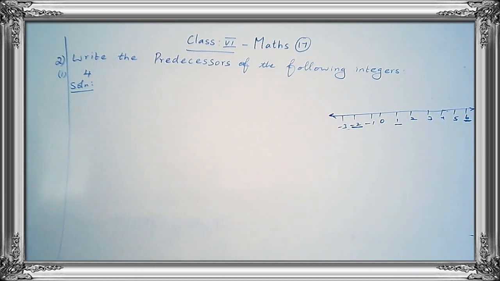Now you say predecessor. Predecessor of an integer lies to its immediate left on the number line. Successor of an integer lies to its immediate right on the number line. But the predecessor of an integer lies to its immediate left on the number line. Here 4. So which number is on the left side of 4?